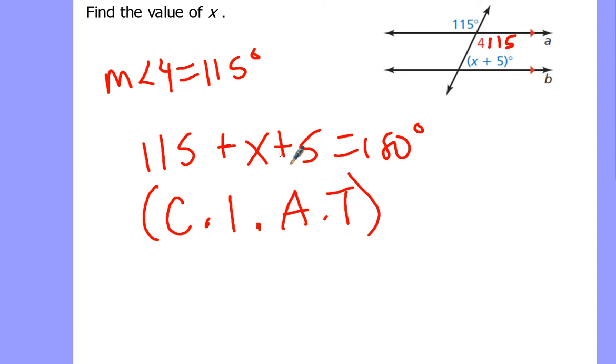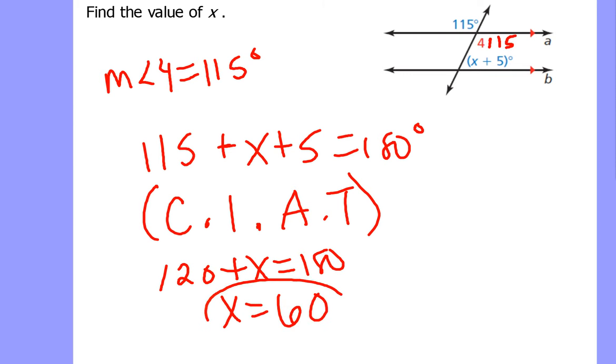So 115 plus 5 gives us 120, and that is equal to 180. And so then in the end, x is going to equal 60 using our consecutive interior angles theorem.